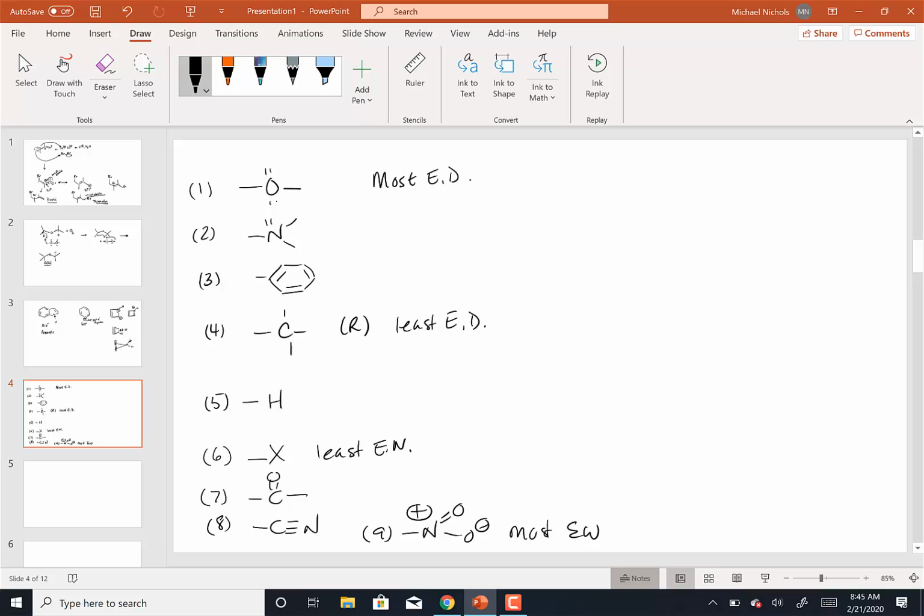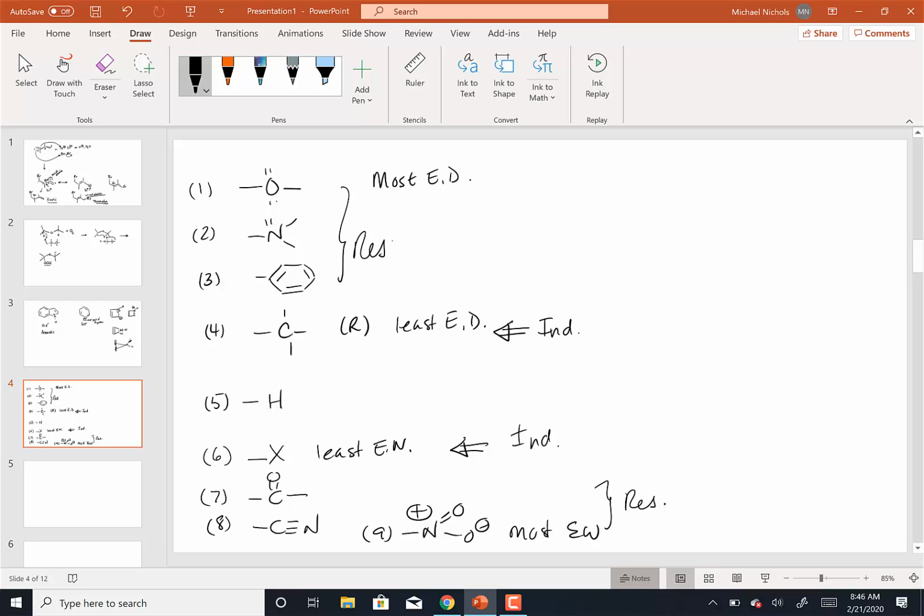So which ones are the 2 that are induction? The halogen and the alkyl group. So the R group and the halogen are both induction, and everything else is resonance. All of the most electron donating are resonance. All of the electron withdrawing after halogens are resonance.